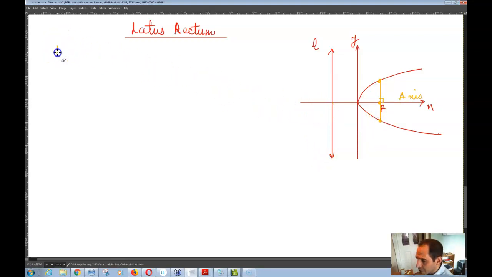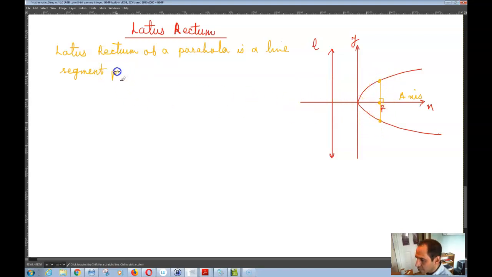So we can say that the Latus Rectum of a parabola is a line segment, not a line but a line segment, meaning that the line is actually terminated at these 2 points.